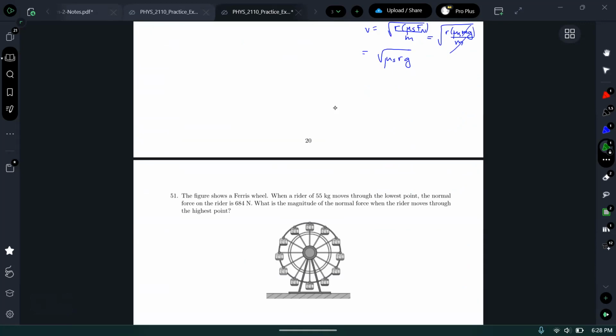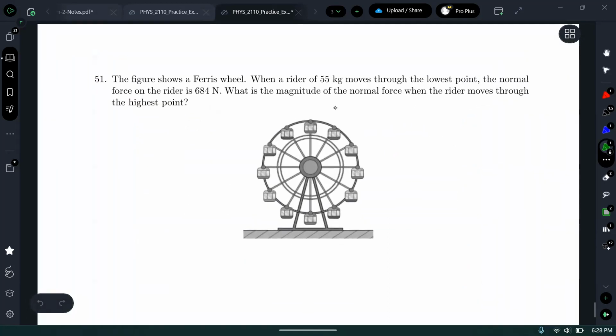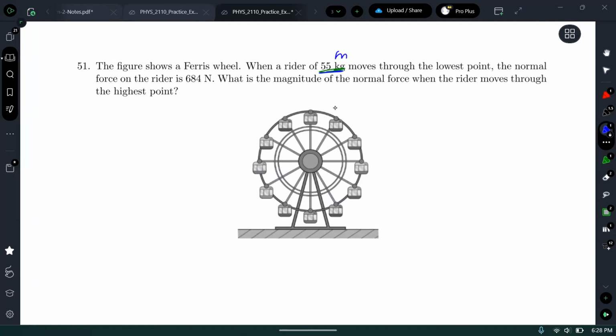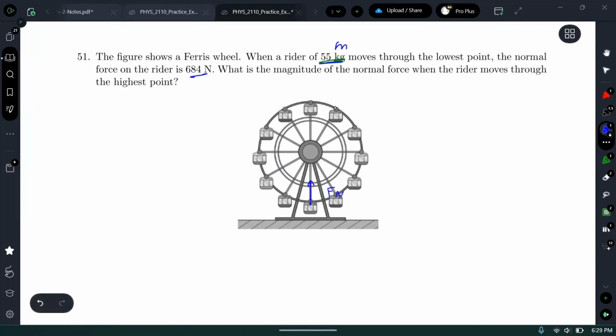Yeah, 51. Okay. So this person's on a Ferris wheel. We're given their mass, and we're given the normal force on them when they ride through the lowest point. Okay, what is the magnitude of the normal force as they move through the highest point?